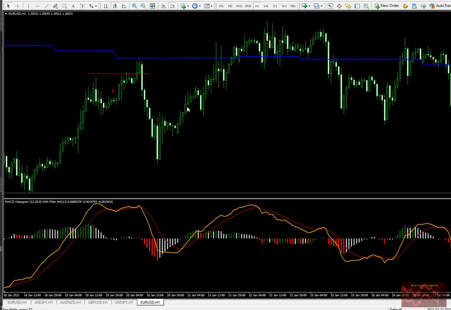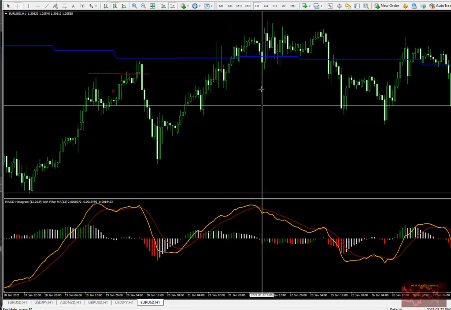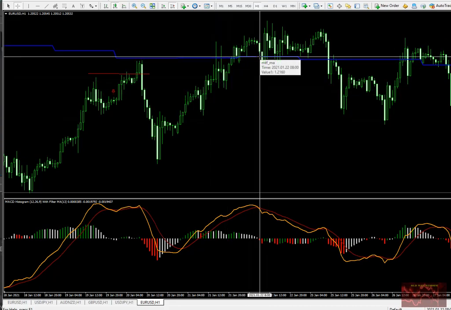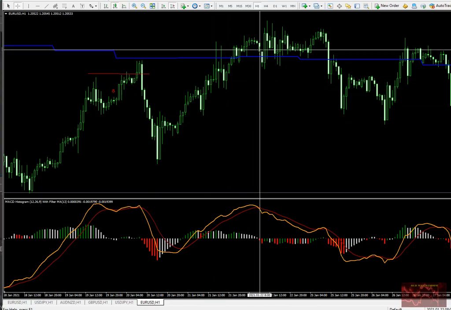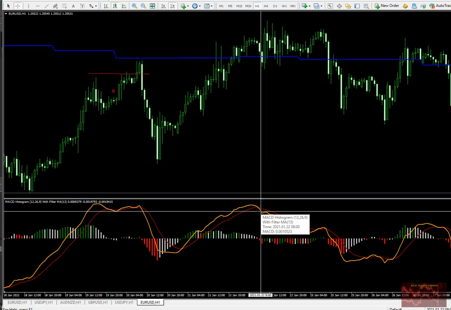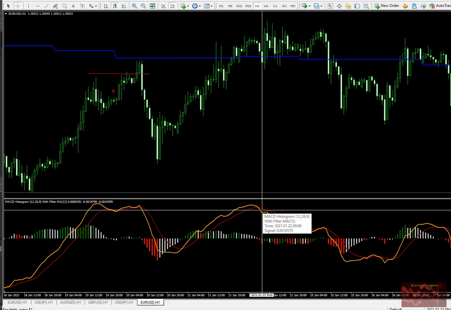And price remains below until here. Now again, interestingly, price is above the moving average, so you're looking for a buy, even though there's a sell crossover there.